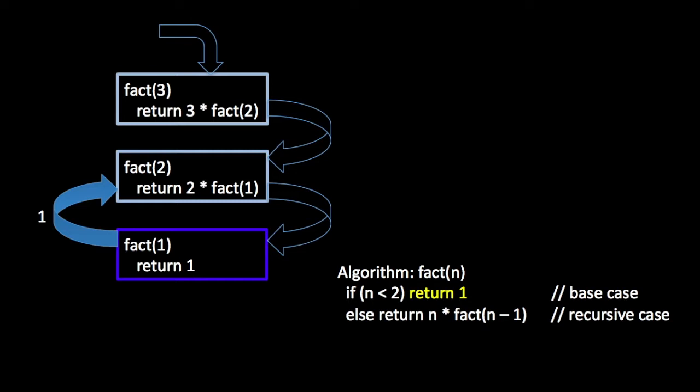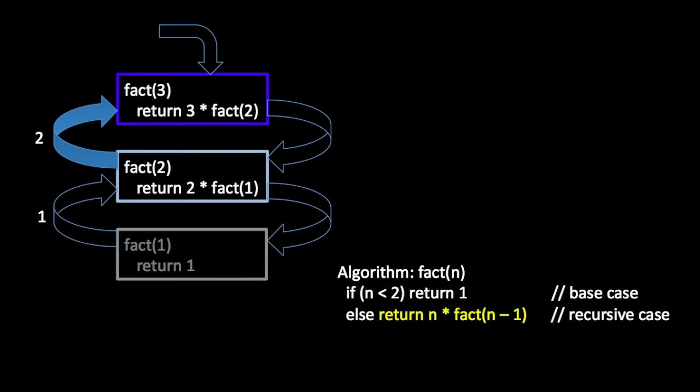So fact of 1 is now 1, and the call to fact of 2 is going to return 2 times fact of 1, which is 2. And now the original activation record can return 3 times fact of 2, which we know to be 2, so it returns 3 times 2, which is 6, and we're done.